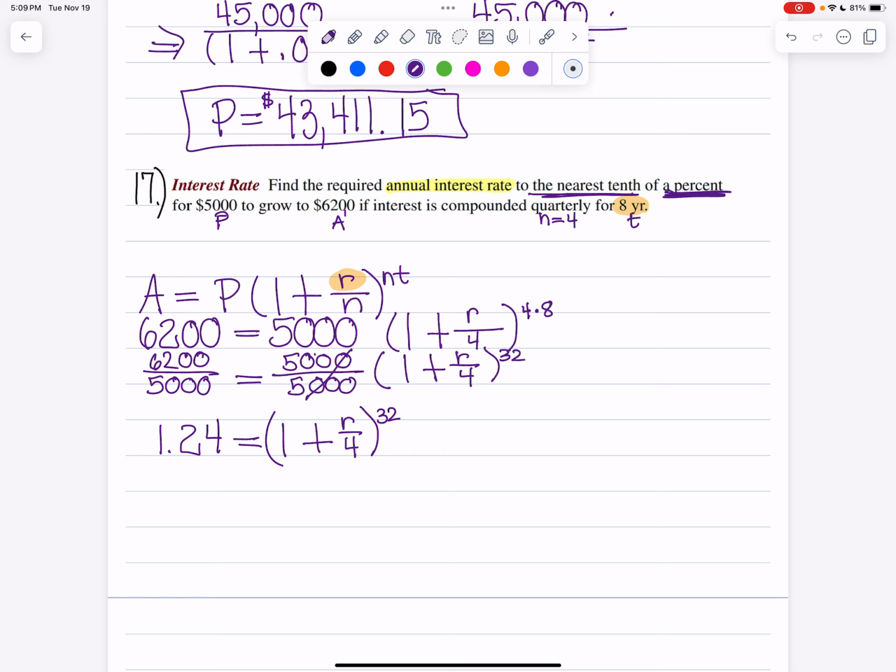Now you all, you probably think, well, what are we going to do? Good question. One way we can do that, remember I taught y'all square root is opposite of square, and cube root is opposite of cube. So guess what? We can do the 32nd root of this to get rid of that.